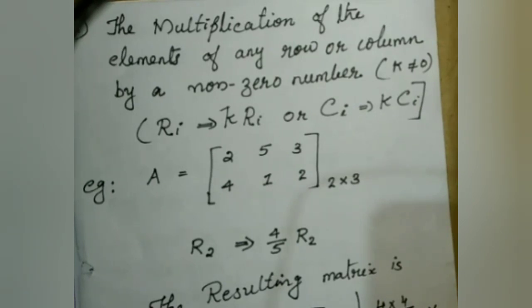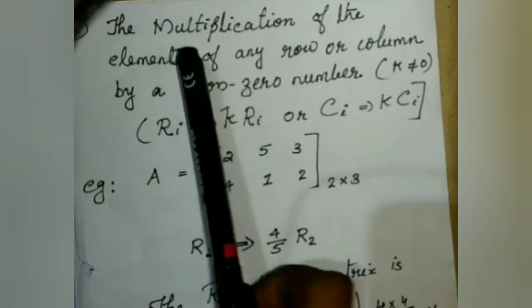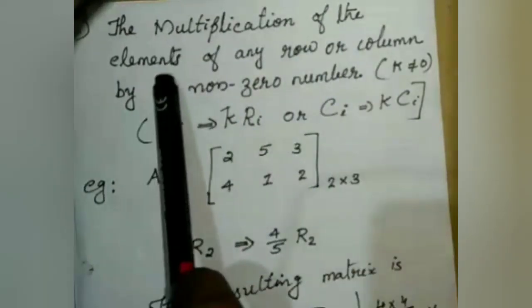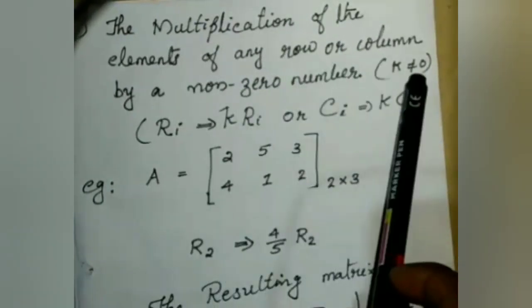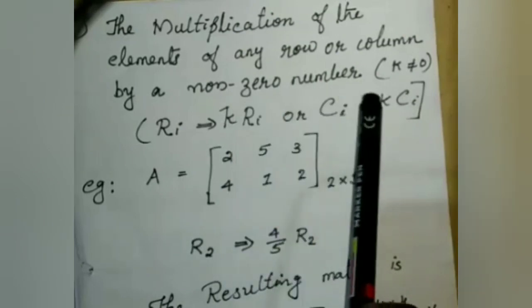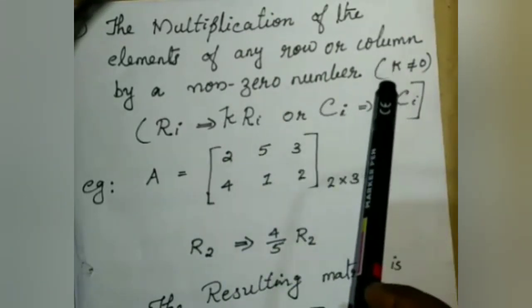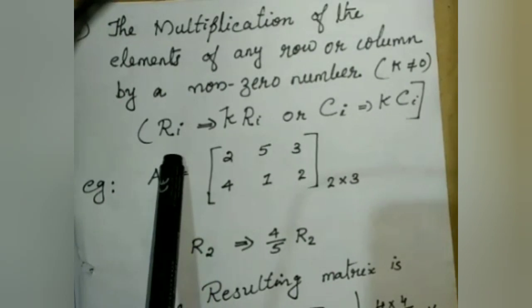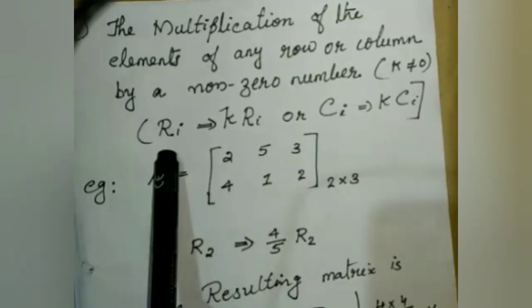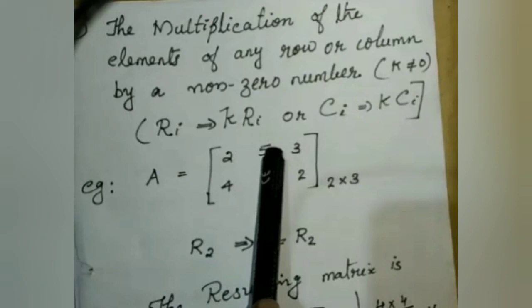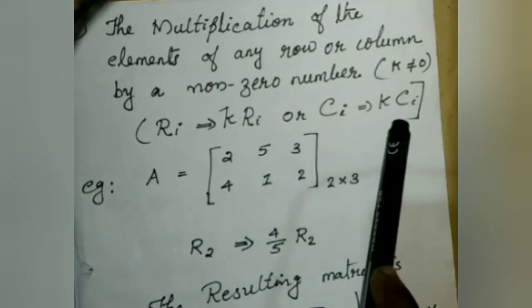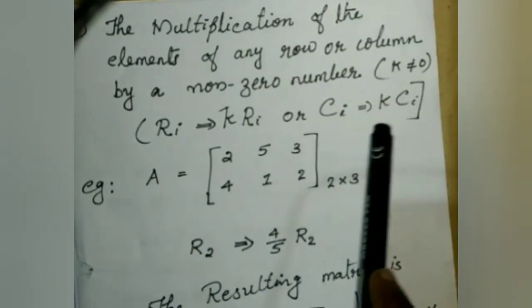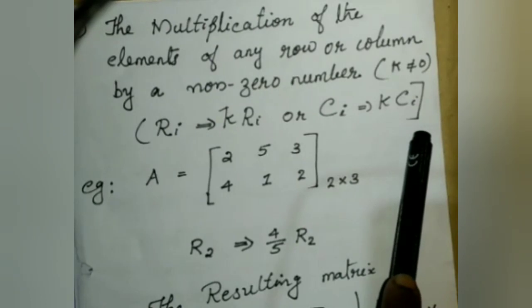And the next category of transformation, the second transformation, says the multiplication of the elements of any row or column by a non-zero number, that is a scalar k not equal to 0. Symbolically, the row transformation is Ri → k Ri, and the column transformation is Ci → k Ci.